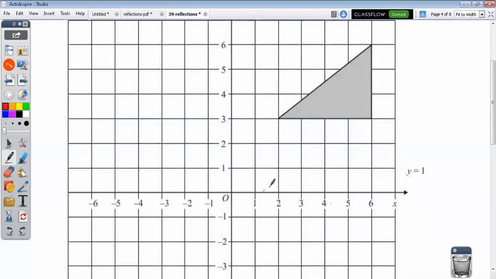So now they've given you a mirror line, which is y is equal to 1. Did we lose someone there? Okay. So our mirror line is this one here, y is equal to 1. So if that is your mirror line, 2 boxes, 1, 2 comes there.